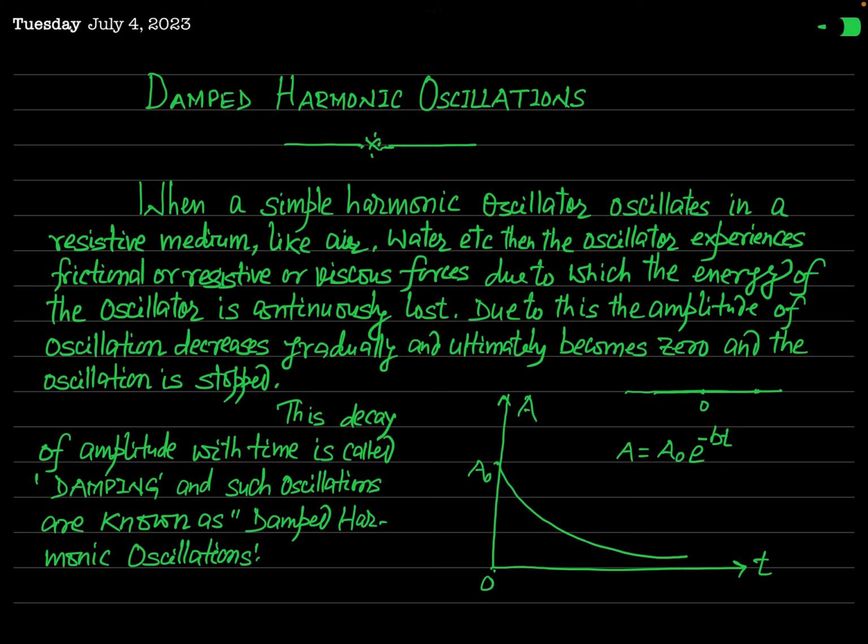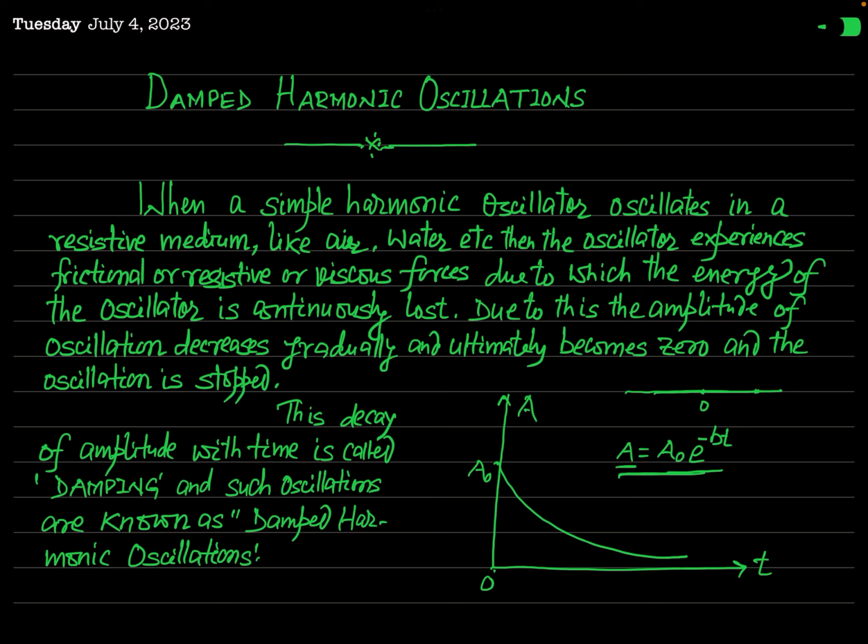We will see later on that actually the amplitude of oscillation decreases with time exponentially in accordance with this relation. We will derive this relation in the final part of our lecture, but I have written it here directly. If you consider that A is the amplitude of our oscillator at any time t, then A is given by this relation: A equals A naught e to the power minus bt.